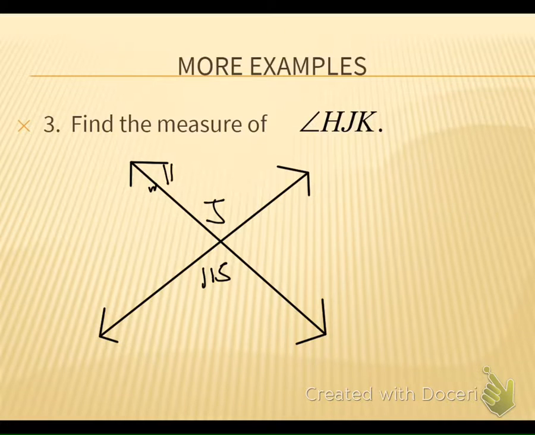And we have H, K, J, L, M. My J looks kind of like a 5, so I'll fix that. We want to find the measure of angle HJK. We only have the measure of 115 degrees for angle measure MJL.